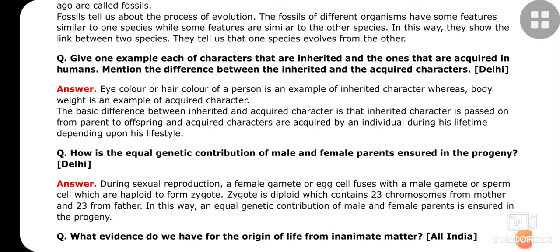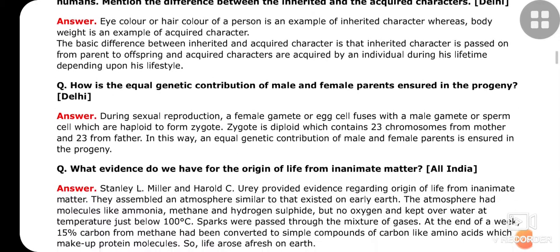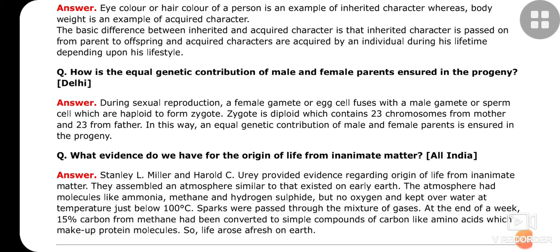There are a total of 46 chromosomes, of which 23 are coming from the mother and the 23 from the father. In this way, an equal genetic contribution of male and female parents is ensured in the progeny.